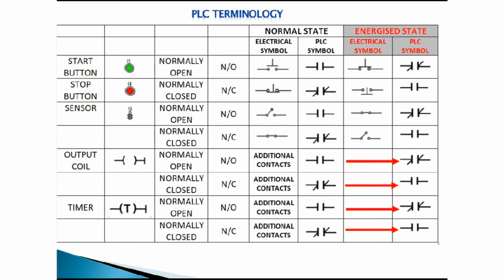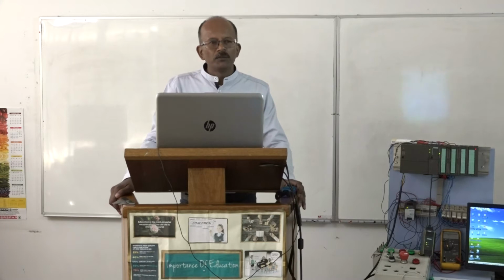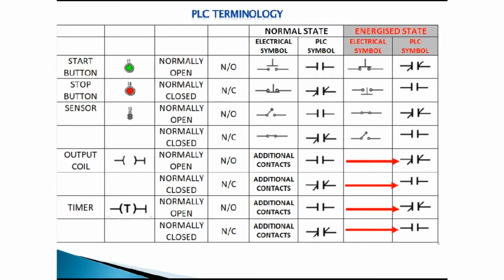If I now look at your output devices or your output coils, your output coil could be in one of two states. It could be normally open and normally closed. Now, these are output coils. I'm going to discuss this a little bit further just now, but just to give you the terminology first, your output coil is represented by this symbol. It's similar to brackets. And associated to this coil, I could have additional contacts.